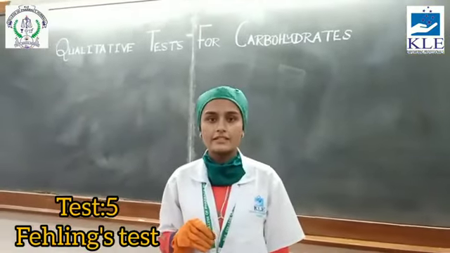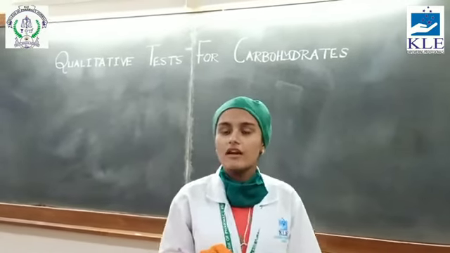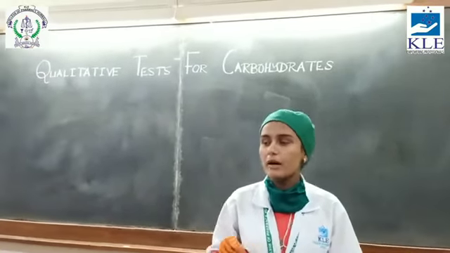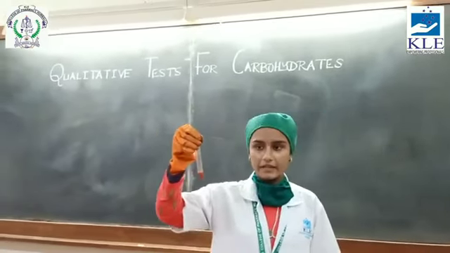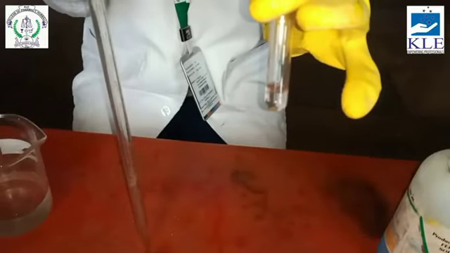Fifth step, Fehling's test. Take 2 ml each of Fehling's A and B solution, 1 ml of test solution, boil for 2 minutes and keep it for cooling. By observing it, reddish brown precipitate indicates the presence of reducing sugar. Now the fifth test is the Fehling's test.